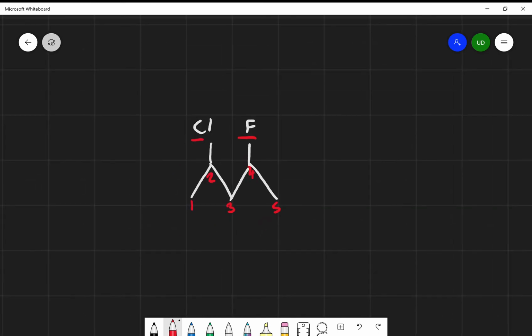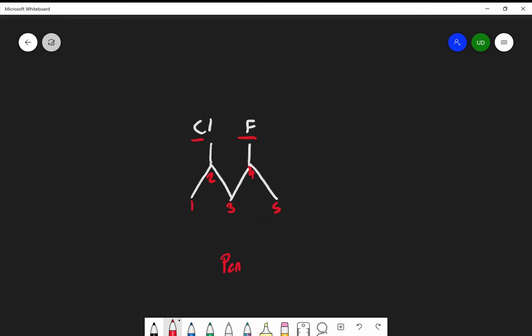5. So we know this is pentane. This is our parent group. And so on carbon number 2, we have 2-chloro.